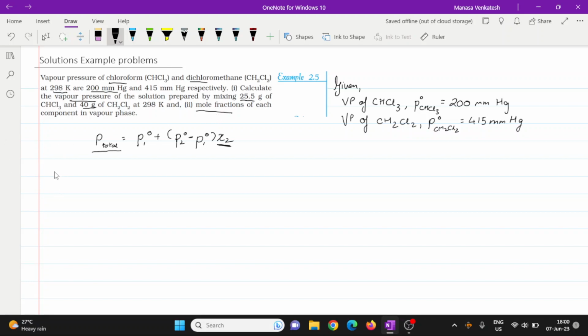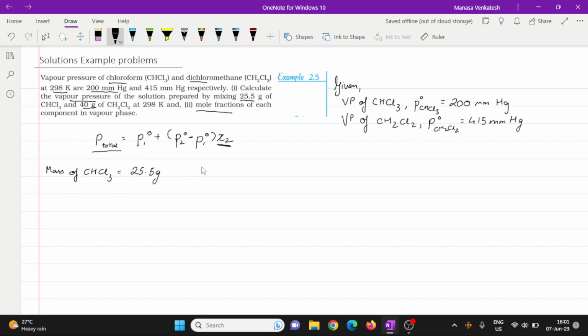So we have been given the mass of CHCl₃, which is chloroform. This is equal to 25.5 grams.